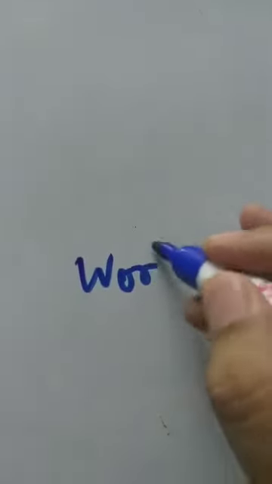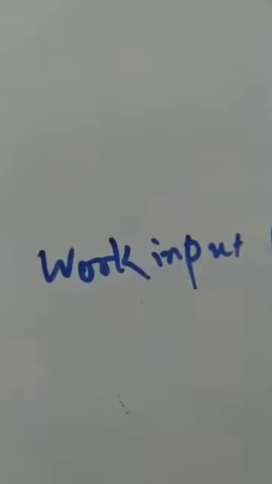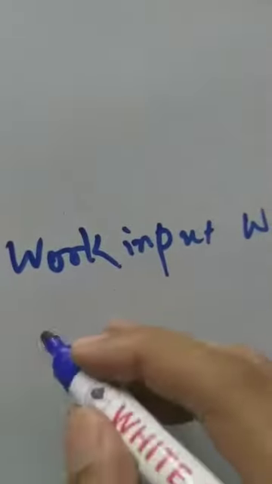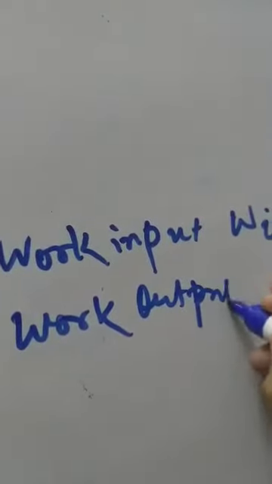So there is work done. So what is work done by the effort? Work done by the effort is called work input, and that is written as Wi. And work done by the machine on the load is called work output, that is equal to Wo.